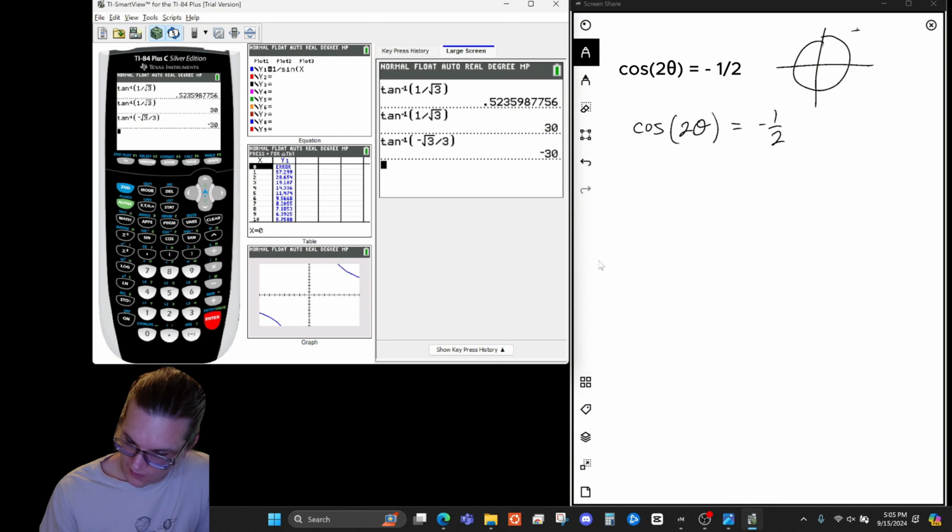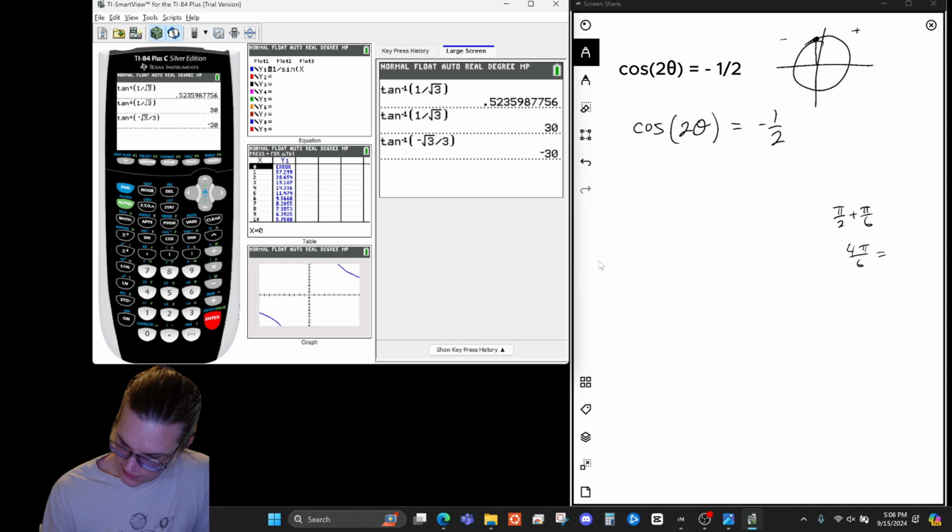So a negative x is 1/2. It's short, so it's like right here at, that's pi over 2 plus pi over 6. So that's 4 pi over 6, which equals 2 pi over 3. So at 2 pi over 3, cosine is negative 1/2.